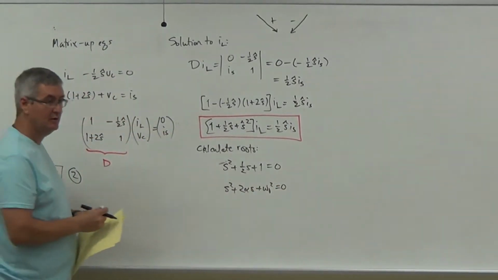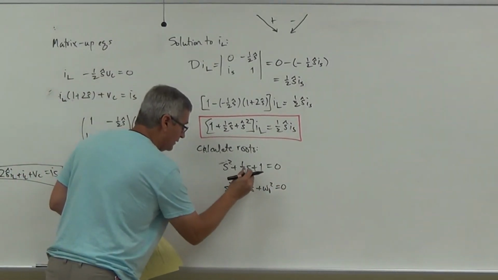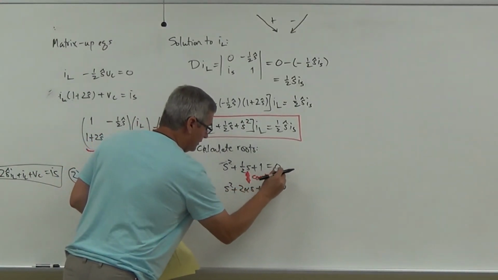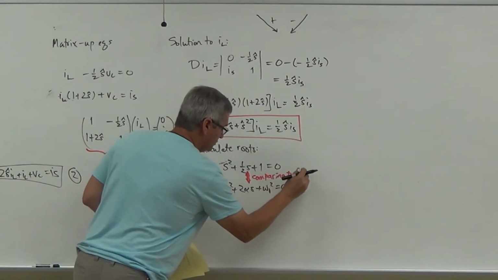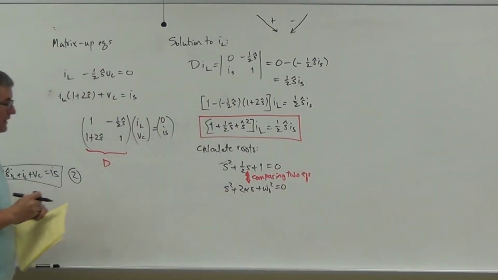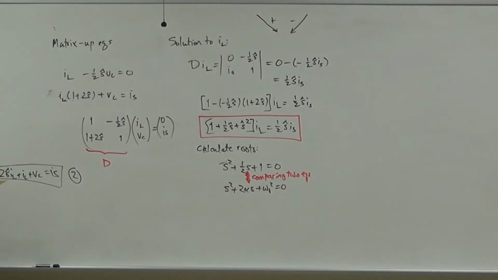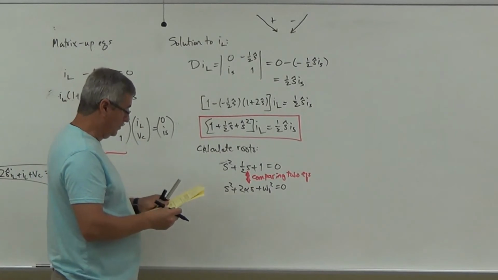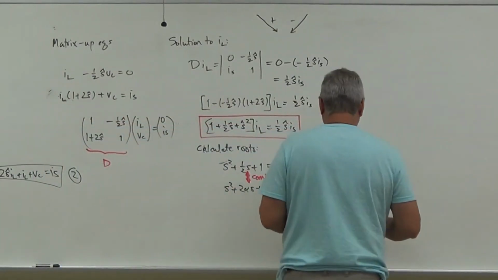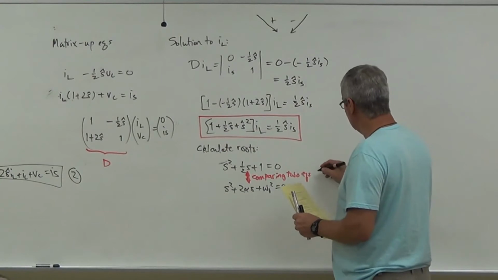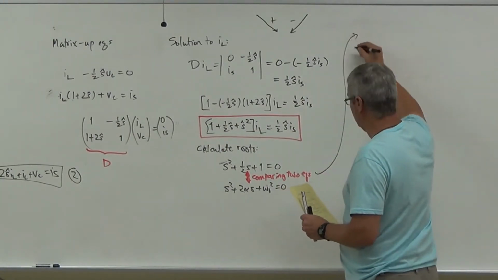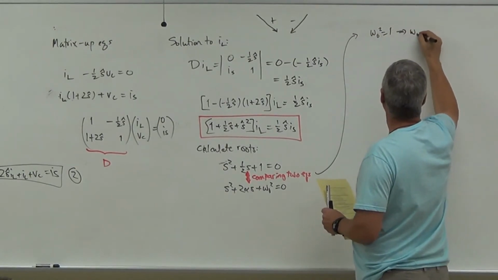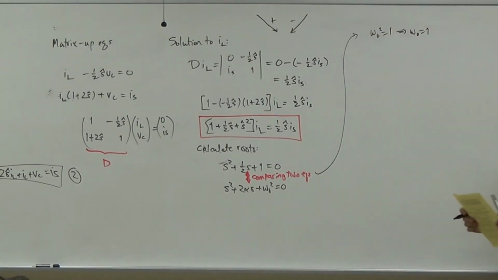So what I'm doing here is comparing two equations. If I compare these two equations, what do I end up getting? Well, right away, if I look at this, you can see that omega naught squared has to equal 1, so therefore omega naught has to give me 1.